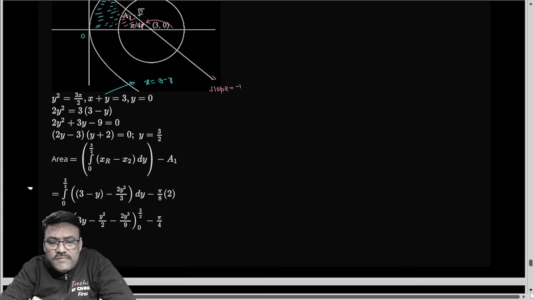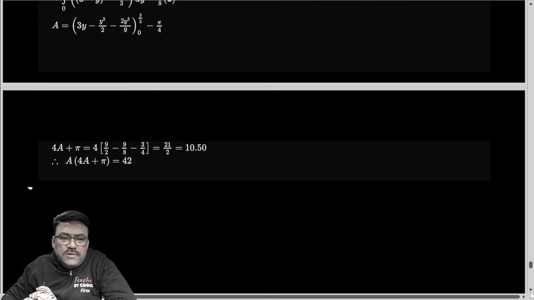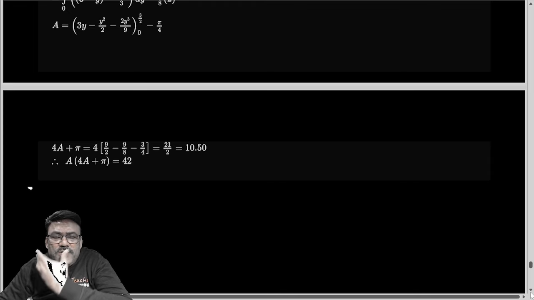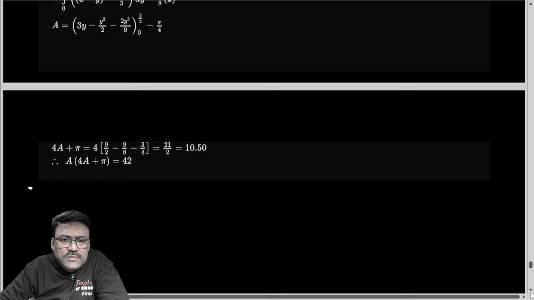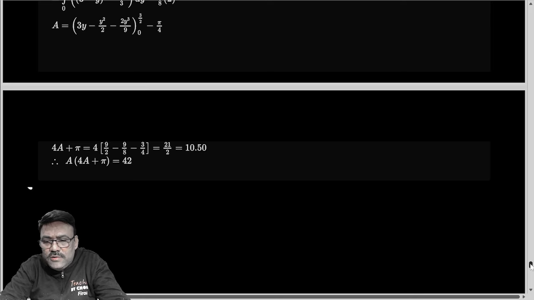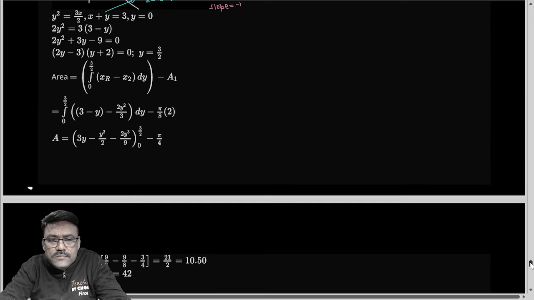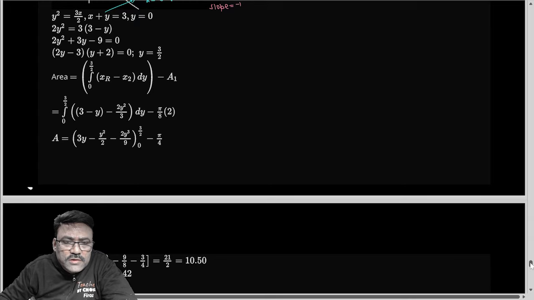So ultimately this area comes out to be this. If you simplify, ultimately 4a plus pi becomes 21 by 2. Just integrate and simplify, you will get the area. If you integrate 3 minus y, you get 3y minus y square by 2, and integration of the parabola term is 2y cube by 9.